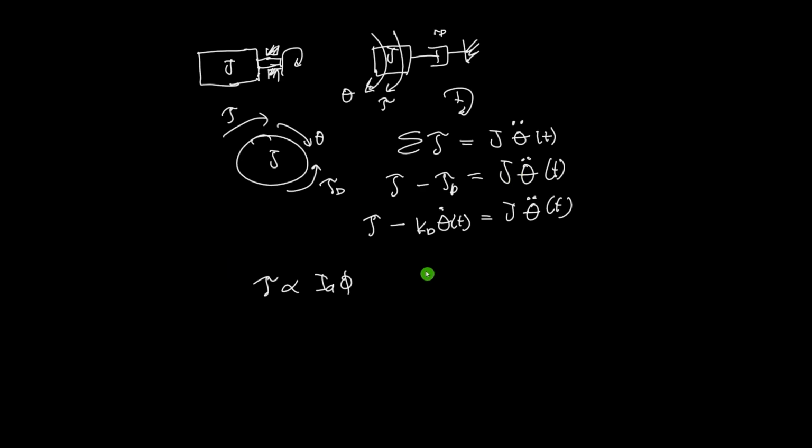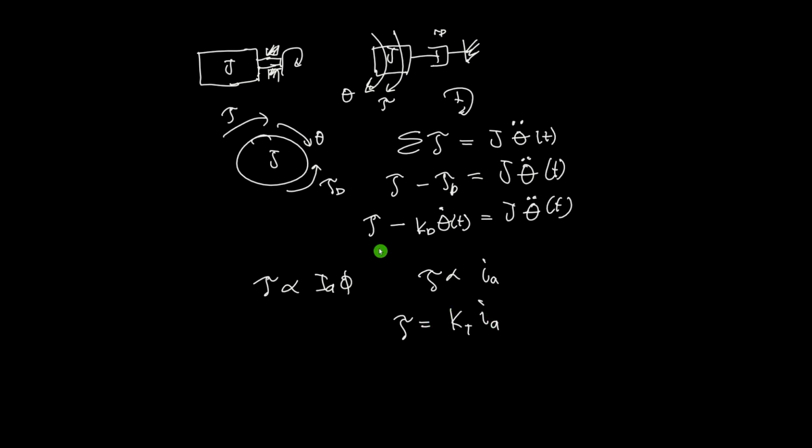So we can just say that the torque is proportional to the current i_a, in small letter. Or torque is equal to another constant, due to torque, let's call it KT, the torque constant, times i_a.